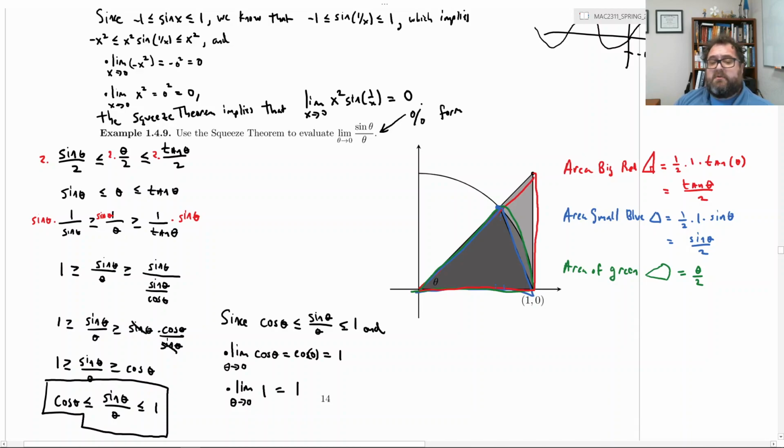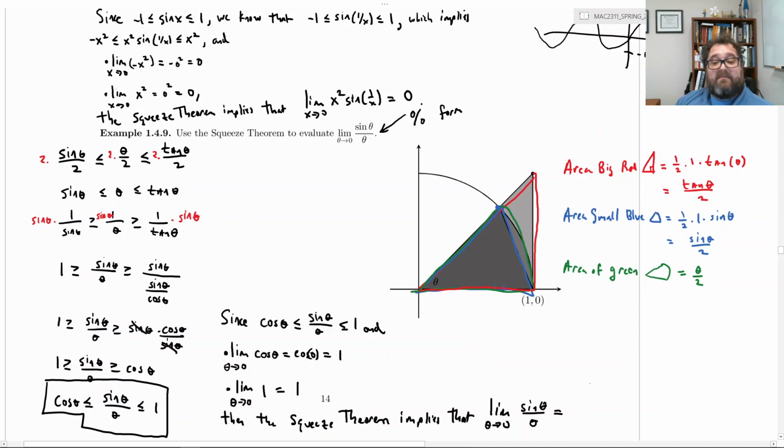So since we know this inequality is true, and the limit of the left-hand function as theta approaches 0 is equal to the limit as you approach 0 of the right-hand function, then the squeeze theorem implies that the limit as theta goes to 0 of sine theta over theta is equal to what?